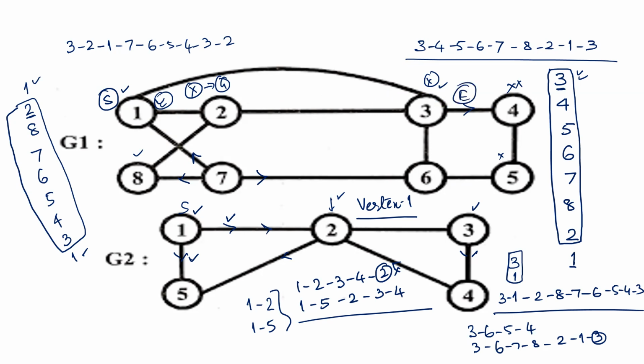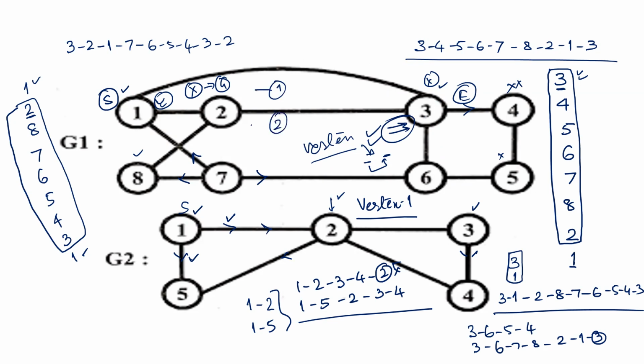And if I am starting from vertex 1, vertex 3, vertex 4, 5, 6, then another constraint is that if I have already visited a vertex, then it should not be visited again. So first, a visited vertex should not be visited again.